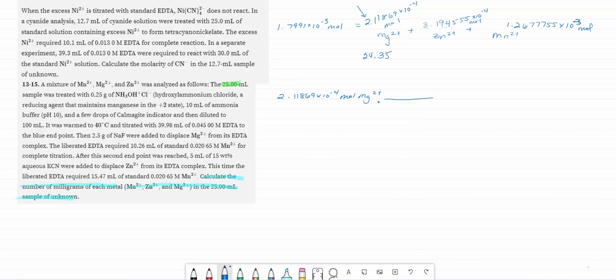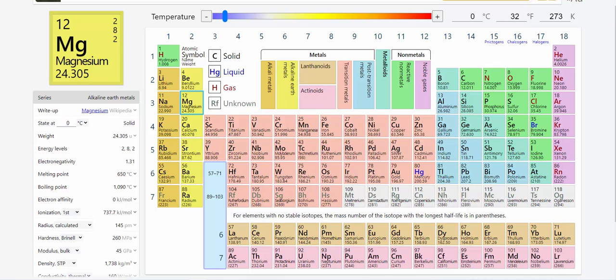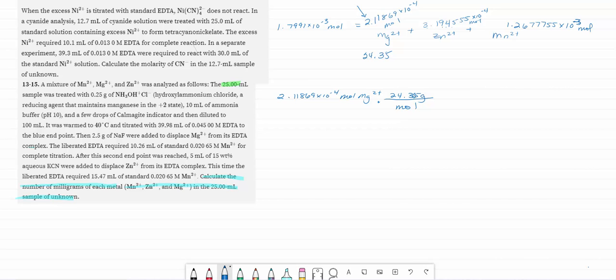So now all I have to do is convert those moles into grams by using the molar mass from the periodic table. It's the number at the bottom of these boxes that I'm looking at.